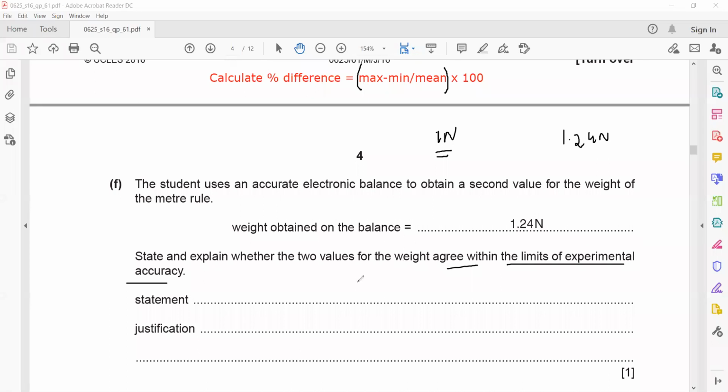For the statement, you can say the two values are approximately the same, and for justification, they have a small difference. That is your estimation.